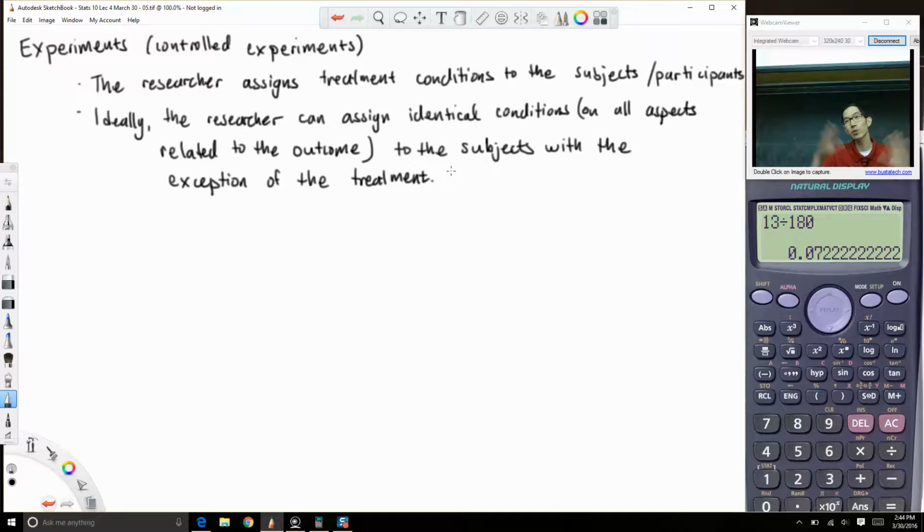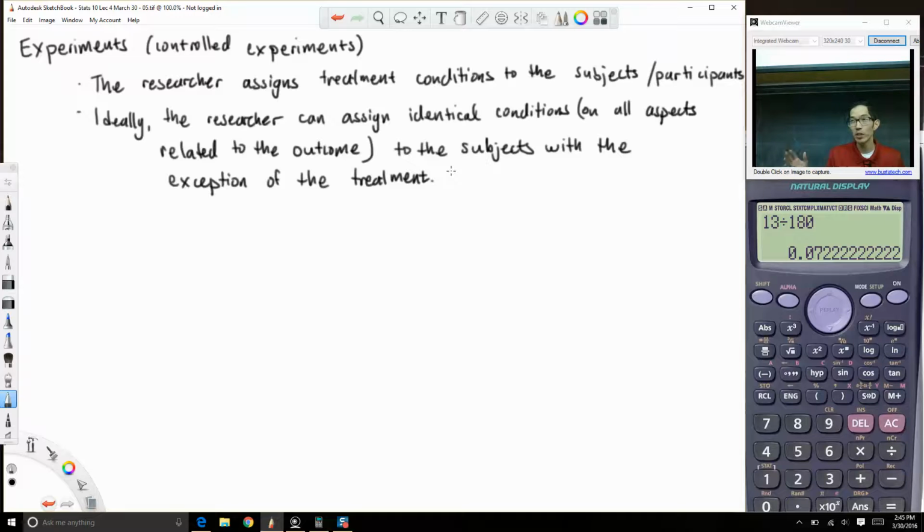So under our ideal experiment, we would have identical groups of people, all subject to the same exercise regimen. They all have the same diet, the same type of work, and everything's exactly the same.